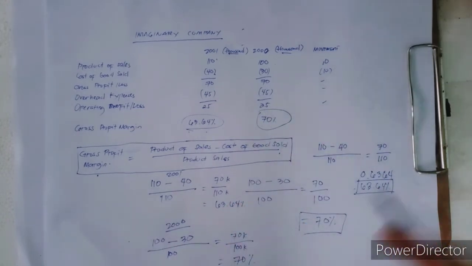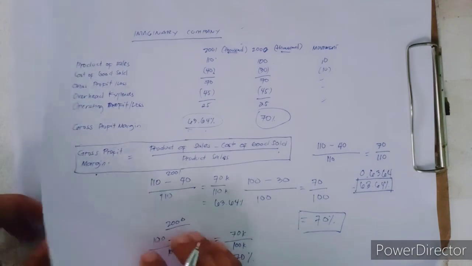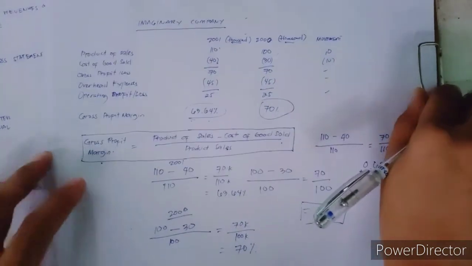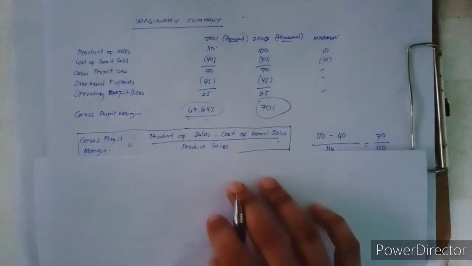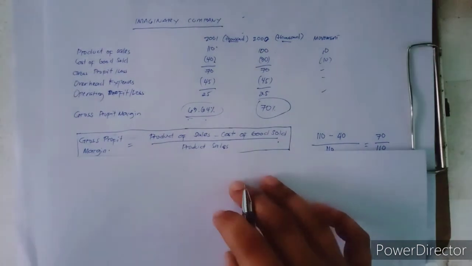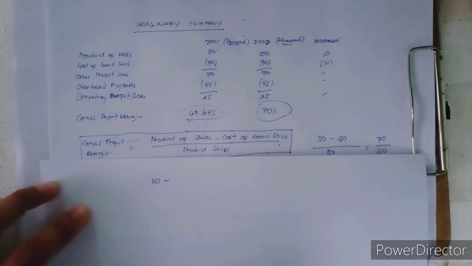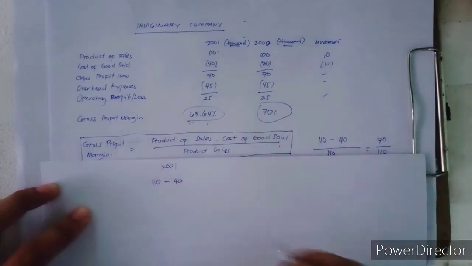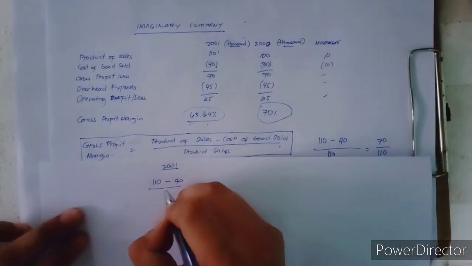So, how to calculate it? First, in 2001, our product sales are 110,000 minus the cost of goods sold of 40,000, divided by the whole product sales of 2001.